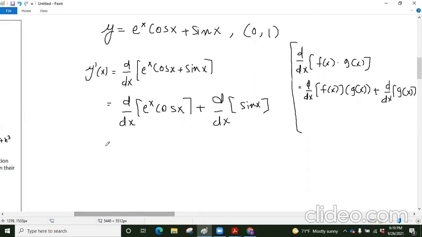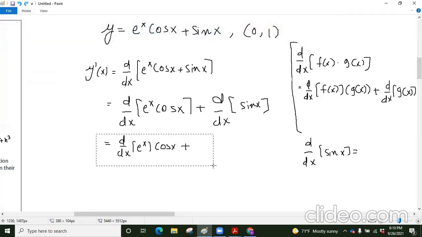So in this particular case, we would do the derivative of e to the x multiplied by cosine of x plus the derivative of sine of x. You want to remember that the derivative of sine of x is cosine of x. Okay, sorry, I think I'm getting ahead of myself.